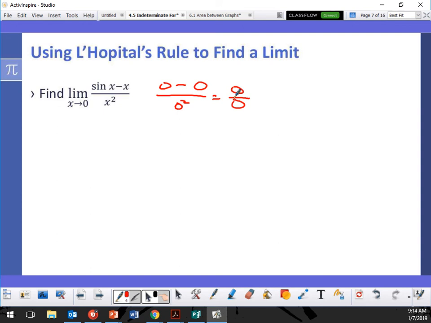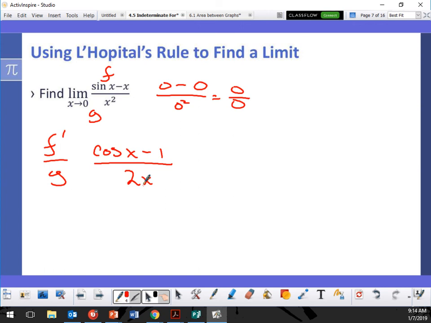What is the derivative of sine? If this is my f, this is my g. So f prime is going to be cosine x, and the derivative of x is 1, minus 1 over the derivative of x squared, 2x. There we go.